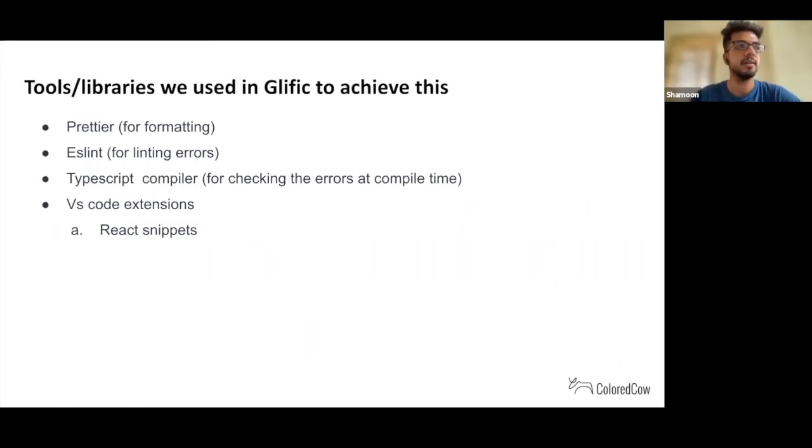When a community codes, it has certain ways of writing code, and React snippets picks up the code most used by the community, showing how React code should be written. These are the primary tools and libraries we use in Glific to achieve this.